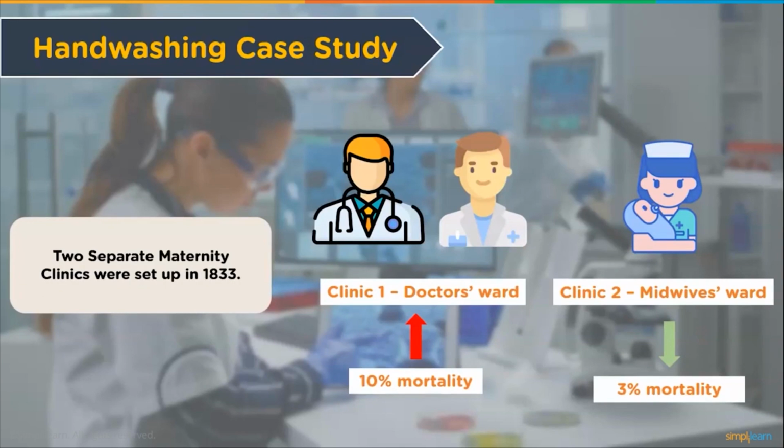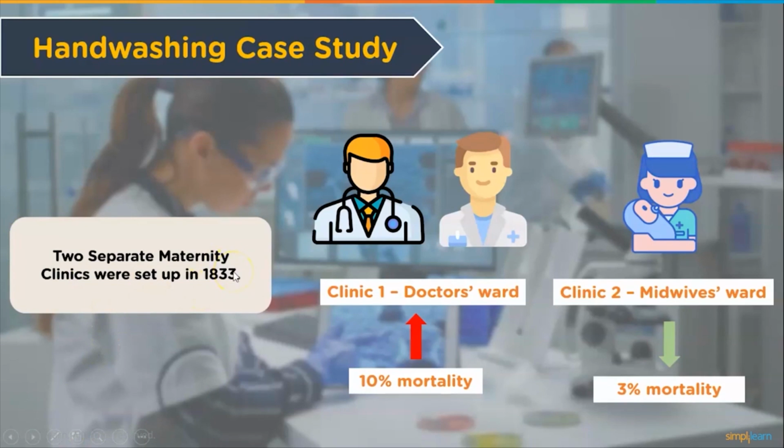So he continued with his analysis and looked for further evidence to support his hypothesis. Now till 1832, there was only one maternity clinic at the Vienna hospital. That had become very overcrowded, so an extension was built and two clinics were created in 1833. You can see it here.